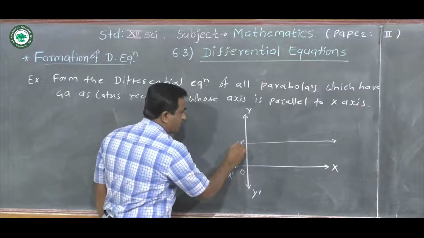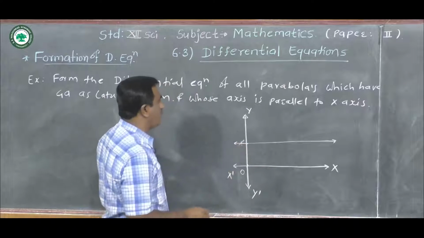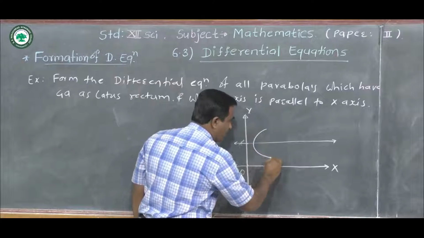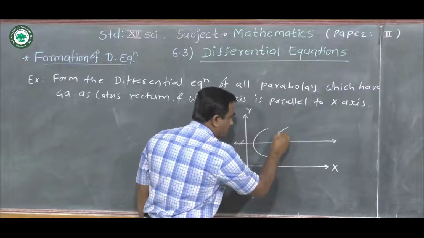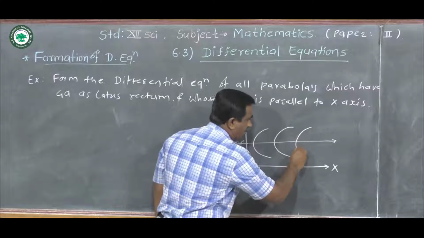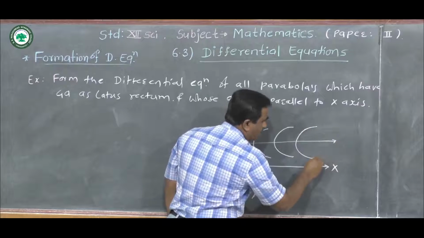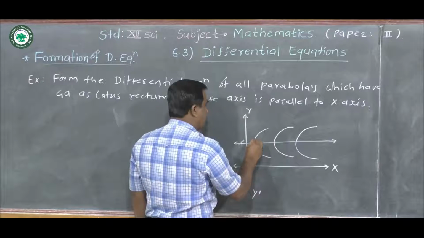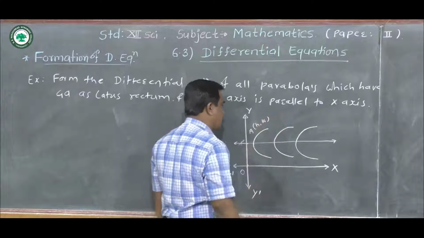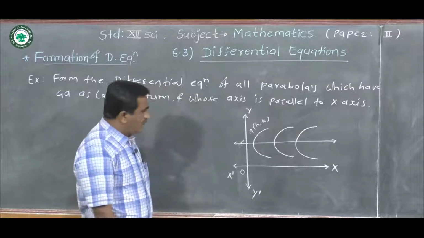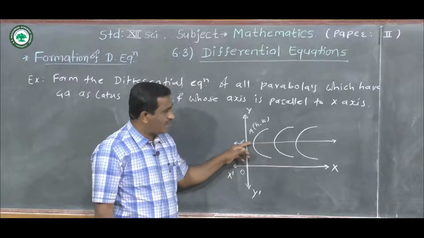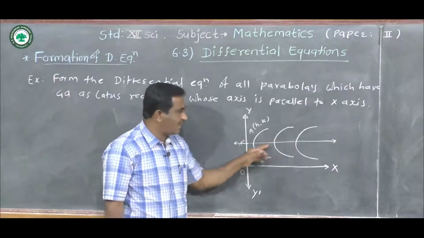And the family of parabolas can be drawn like this, as this is the first parabola, this is second parabola, and so on. All these are parabolas. And if we take the point A here, vertex of parabola whose coordinates are h, k. Now this is the line parallel to the x-axis. This is the axis of parabolas, and family of parabolas can be drawn like this.